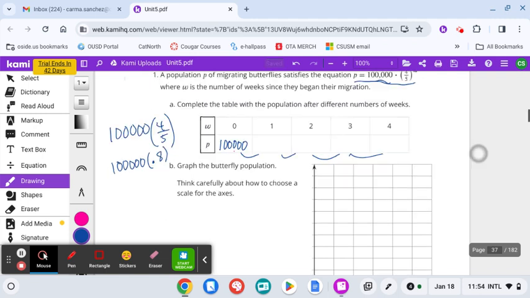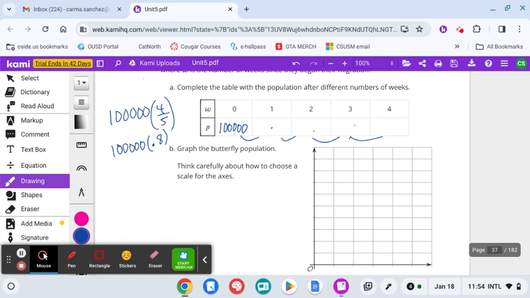If we do times 4 divided by 5, times 4 divided by 5, and you fill in the rest of these things, after you get these values, you're then going to go graph it. But we need to start at 100,000. So it looks like we're going to be counting by 10,000s on this table.